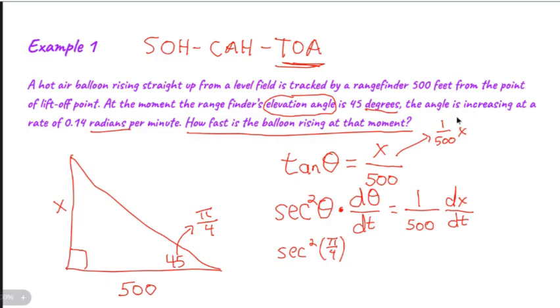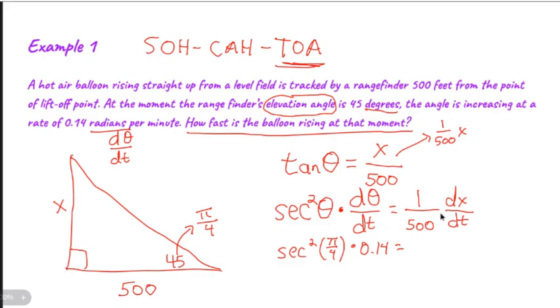This rate of 0.14 radians per minute is d theta dt. It's the rate of theta per time in minutes, so we're just multiplying by 0.14. And notice, how fast is the balloon rising? Well, the height was what x was.